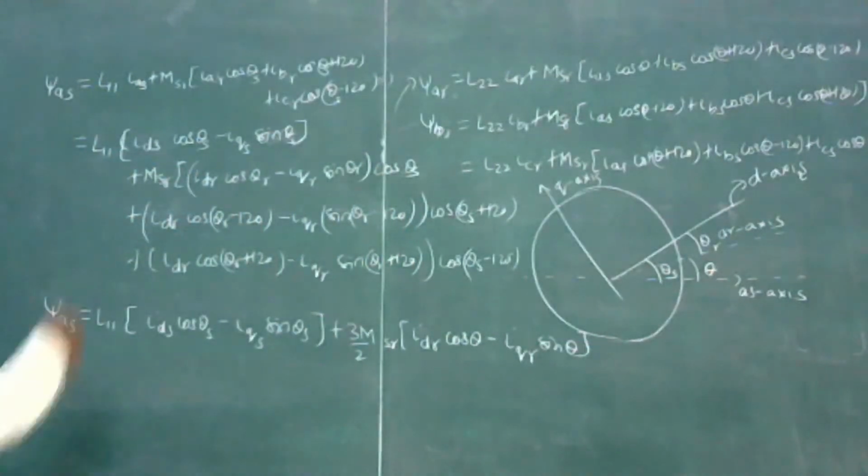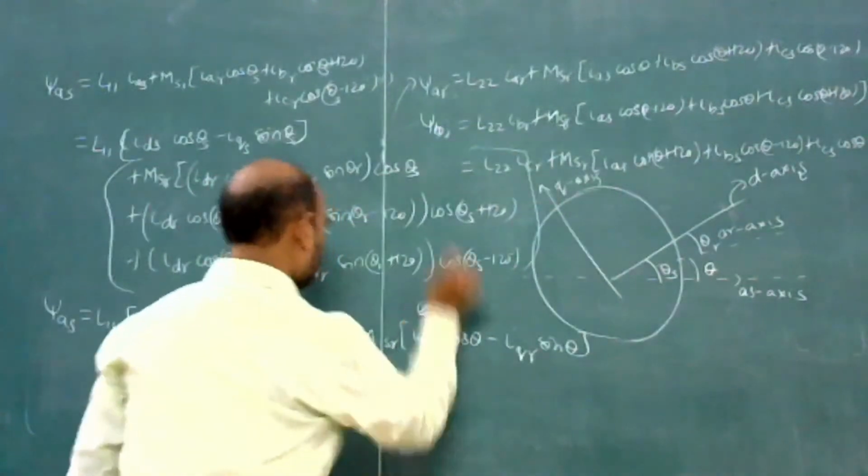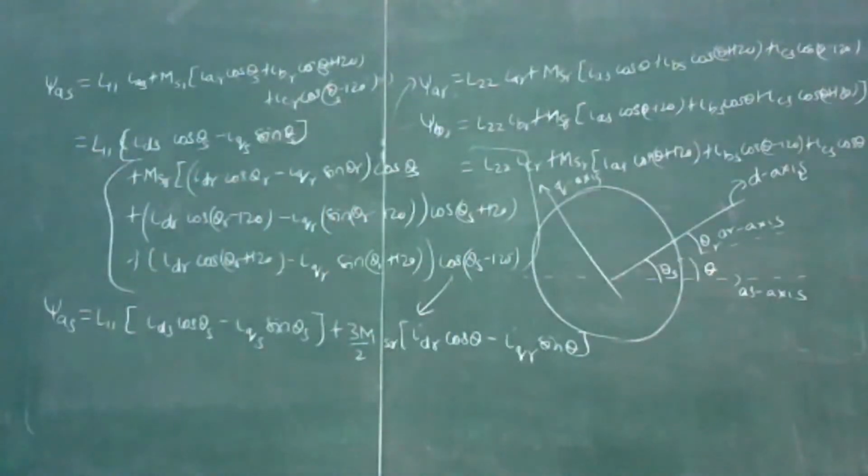So on solving this whole term, you will get 3 by 2 MSR times IDR cos theta minus IQR sin theta.